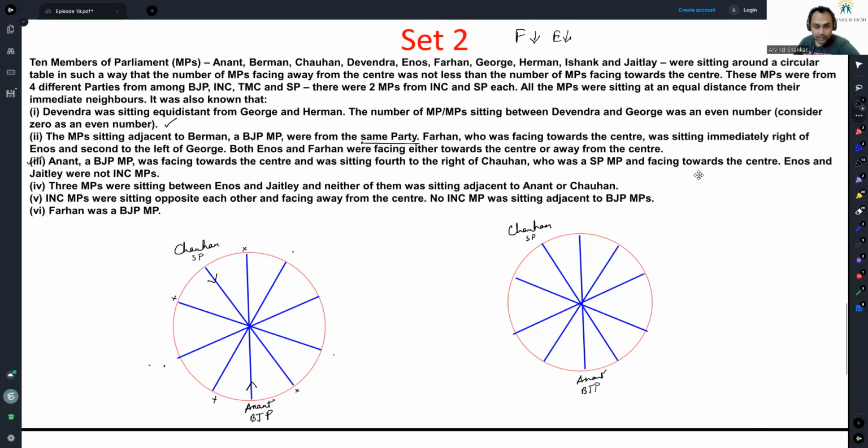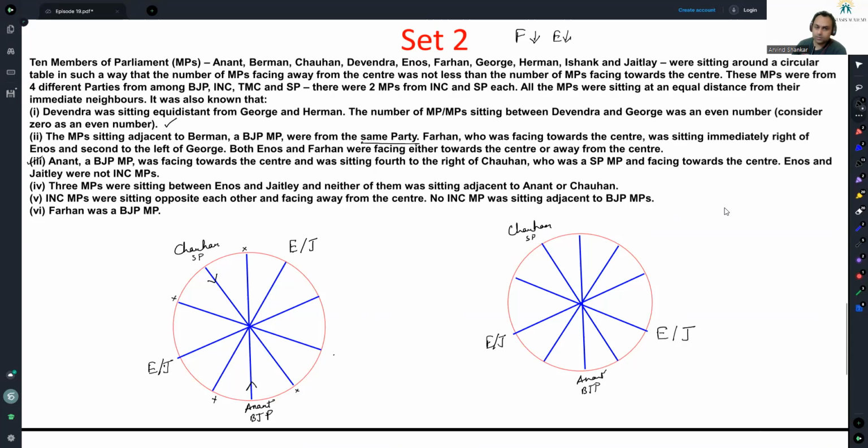The 2 cases that I had identified were Enos and Jaitley here, and then we can get Enos or Jaitley here. The other case was Enos or Jaitley here and Enos or Jaitley here. There were 3 MPs sitting between Enos and Jaitley, and neither of them was sitting adjacent to Anant or Chauhan. So these are the 2 possible cases only, no?